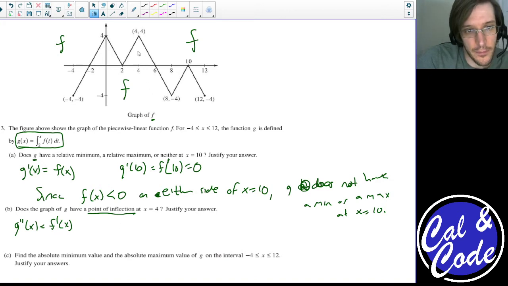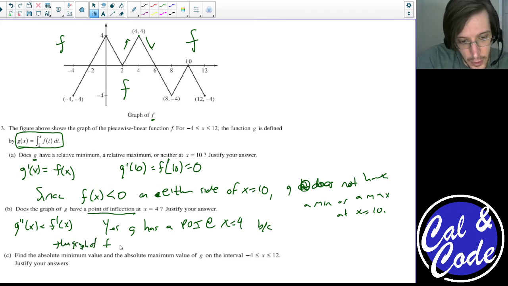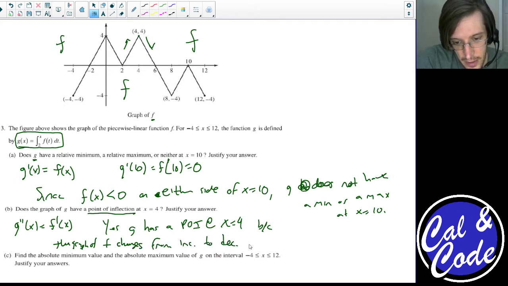So here's 4, and first we had a slope that's increasing, then we have a slope that's decreasing, and so we say yes, g has a point of inflection at x equals 4, because the graph of f changes from increasing to decreasing at 4.